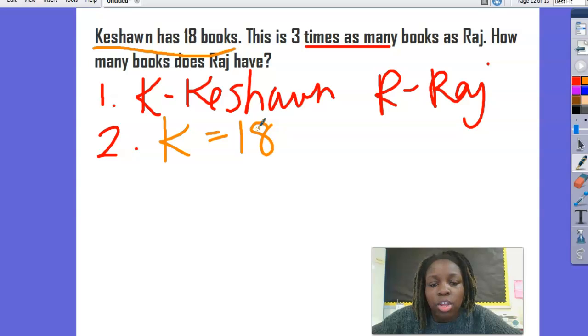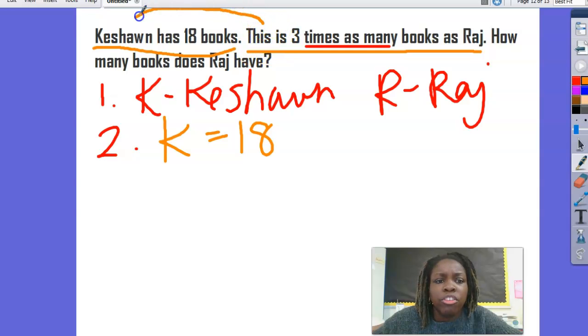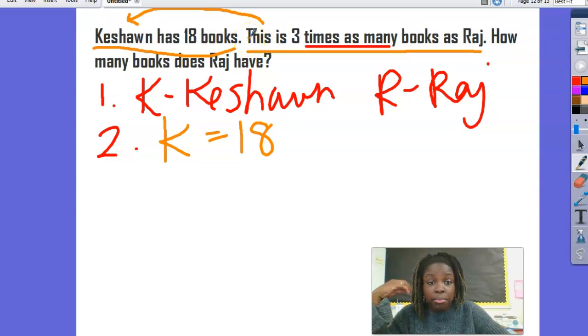Now my next equation will be my second sentence. This is 3 times as many books as Raj. When I start with "this is," who are we referring to? Who are we talking about? We were talking about Keyshawn, right? It doesn't say Keyshawn, but it says "this is," and we know that this means Keyshawn.